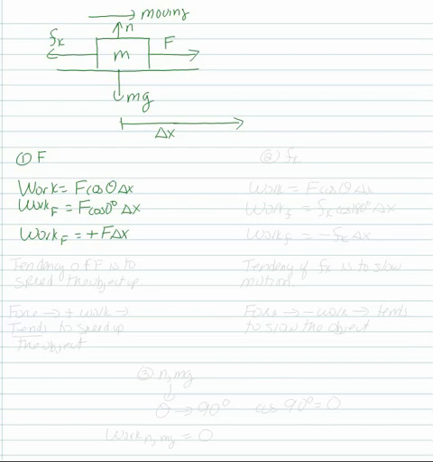We can say that the tendency of F is to speed the object up. The tendency does not mean it's what it's doing. It's what the force wants to do.